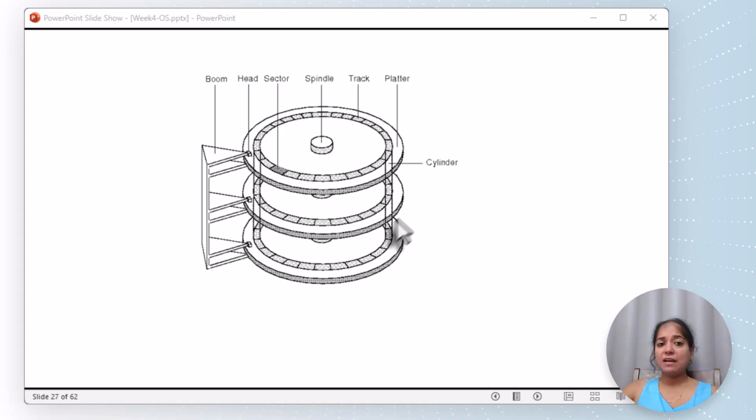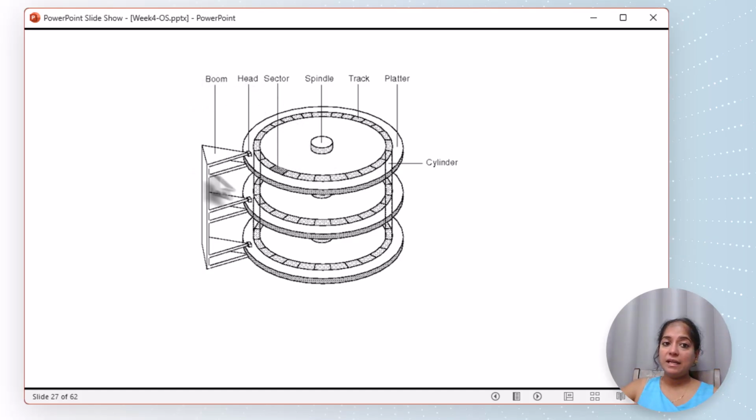If you see in this diagram, you can see there are multiple platters. In the middle of each platter, there is a spindle on which it rotates.